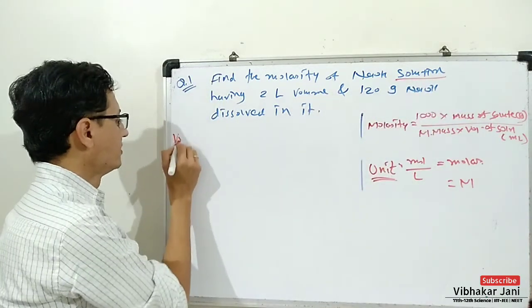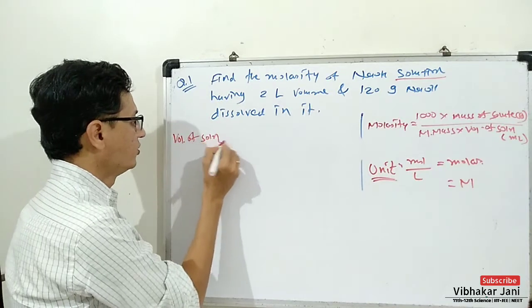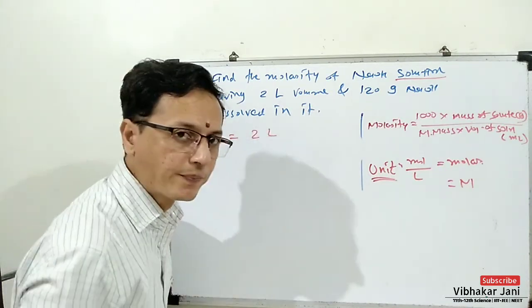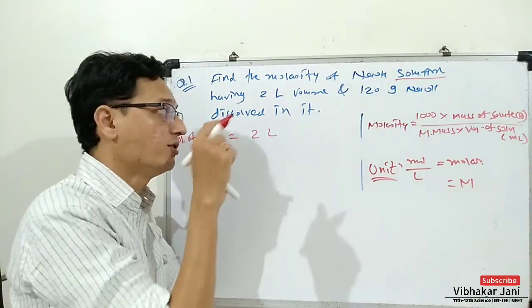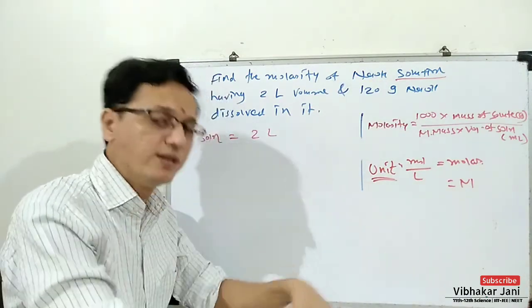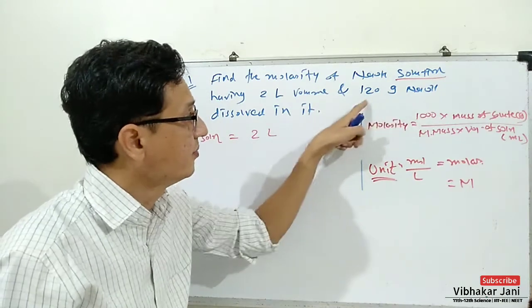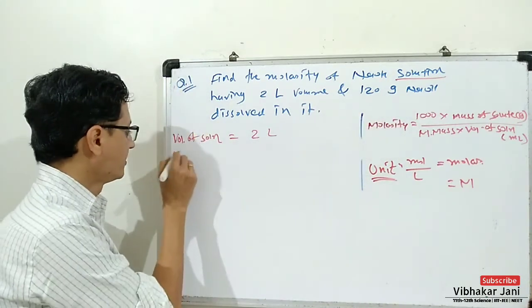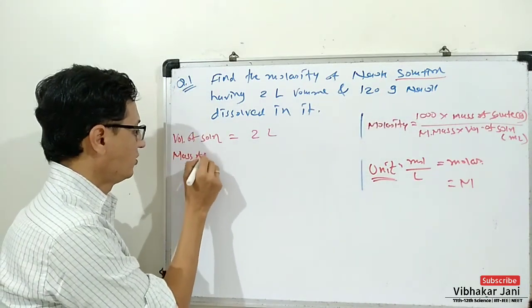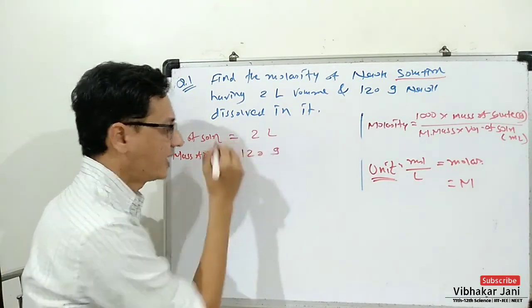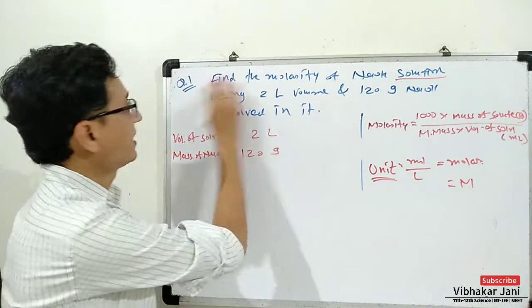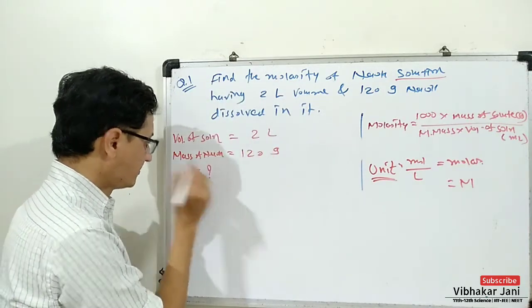So we will write volume of solution, that is 2 liter. Then 120 gram NaOH. Now NaOH is a solute which is dissolved in our solution. So this is the mass of solute given. Mass of NaOH, which is a solute, is 120 gram. And we are asked to find molarity.